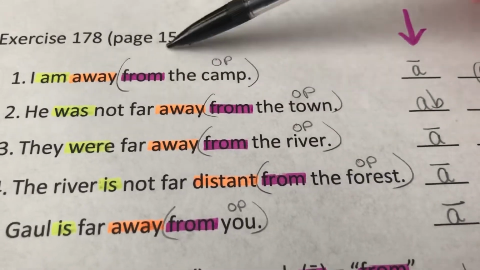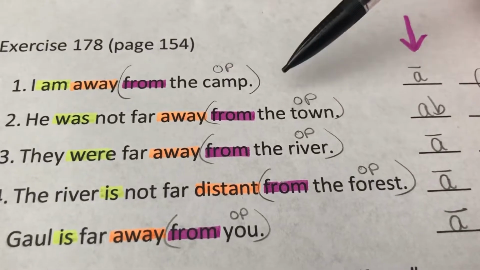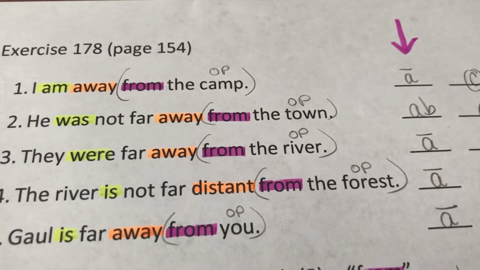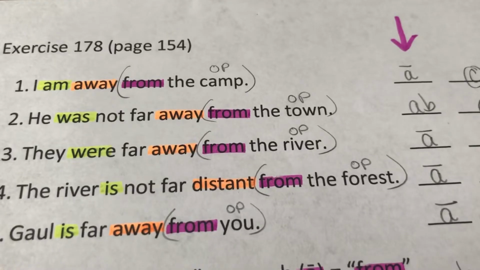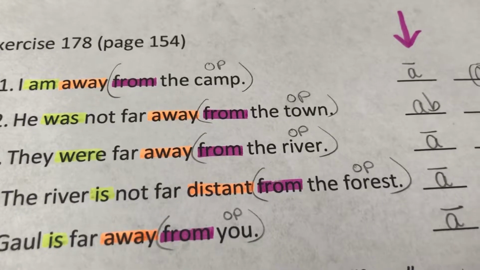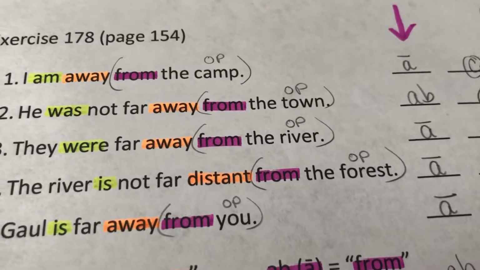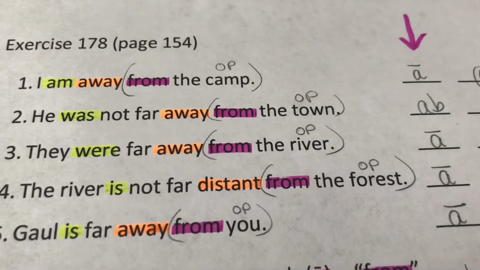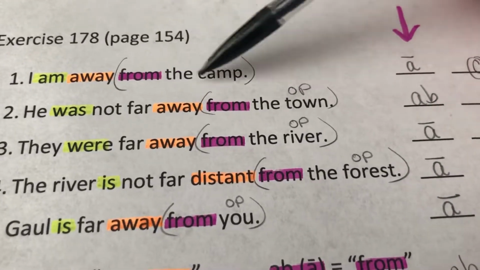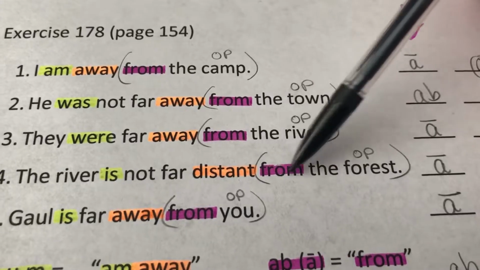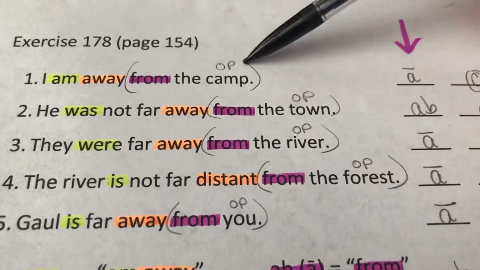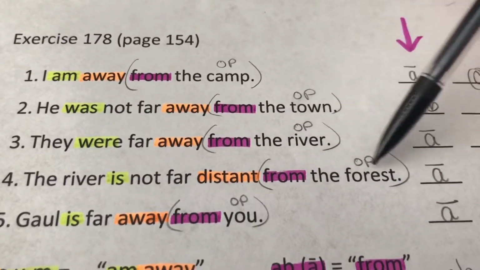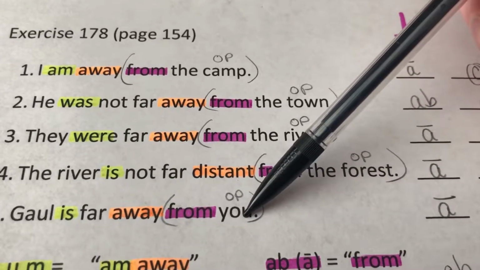Since this is a preposition, I like to use parentheses for prepositional phrases. So we marked our prepositional phrases, and we took turns identifying the object of the preposition in each one, and labeled those.